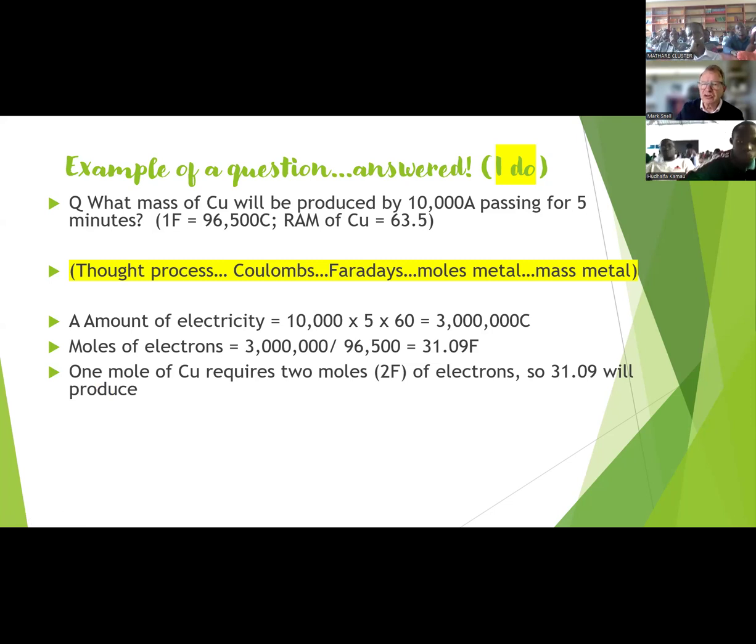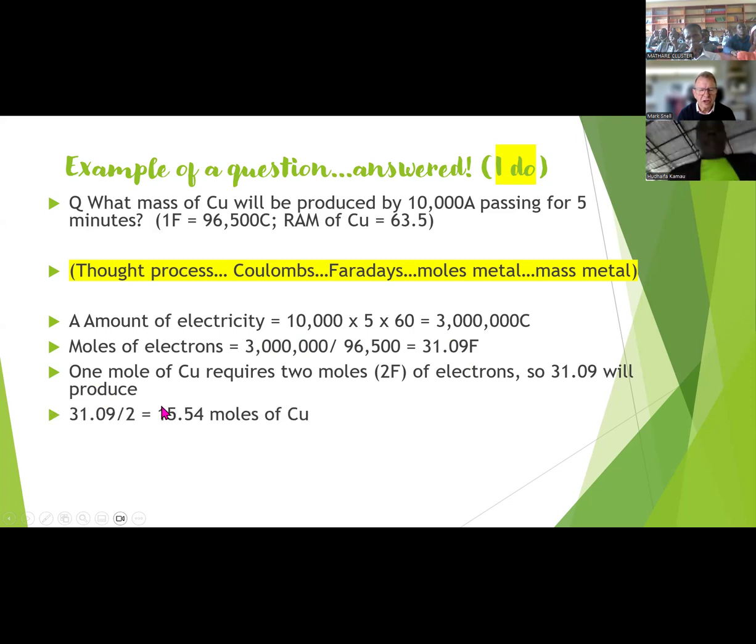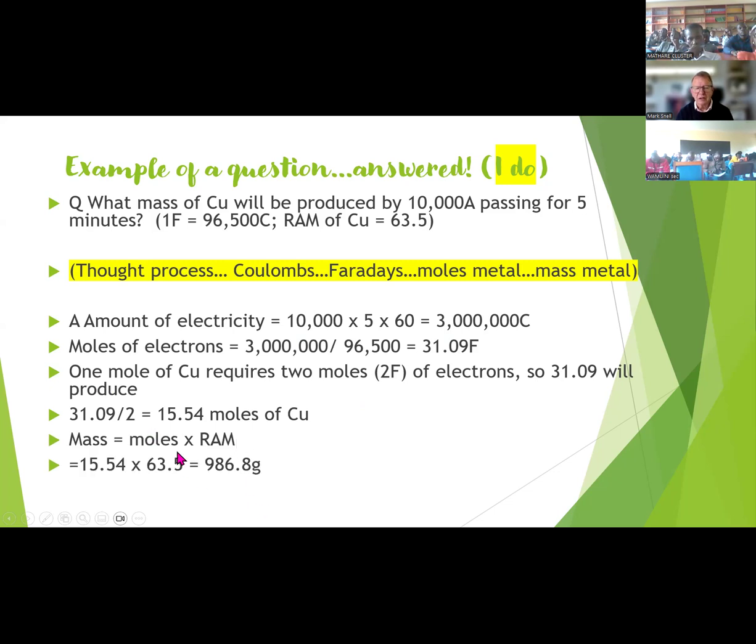Cu2+ plus 2 electrons. Therefore, every mole of electrons will produce half a mole of copper. 31 will produce half as much, 15.54. 15.54 moles of copper, mass of copper, 15.54 times the RAM, 986.8. Okay?